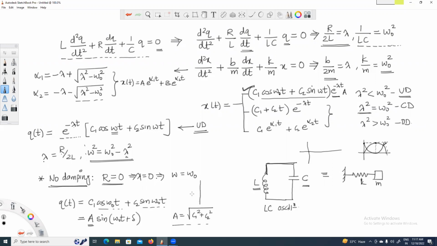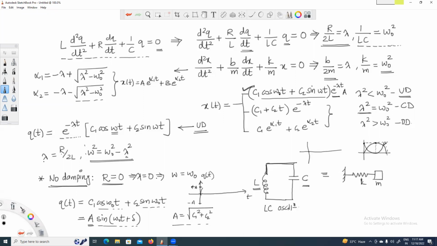Now, this is not important for me. What is important for me is the graph. If I look at Q of t, how this charge is flowing through the circuit with respect to time, look at this expression here. A is some amplitude, so it will keep oscillating between, let's say, plus A and minus A. This sine function is periodic. So let me start from 0.